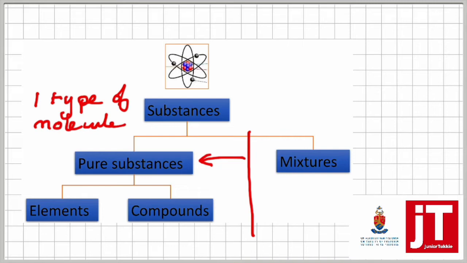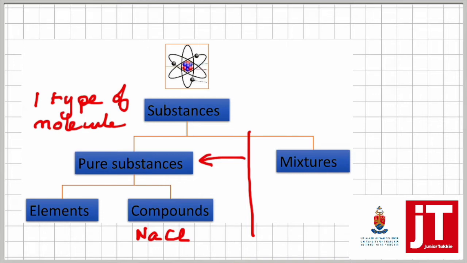So all of the elements are pure because they consist of one type of particle. All of the compounds are pure. For instance, salt, NaCl, is pure because in pure salt you will just get many salt particles, but it's not mixed with any other type of particle.